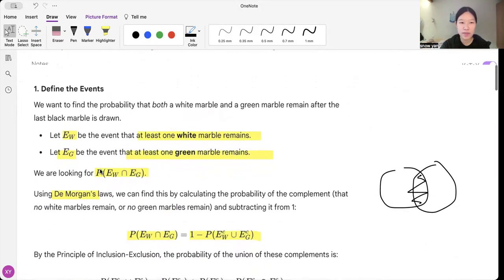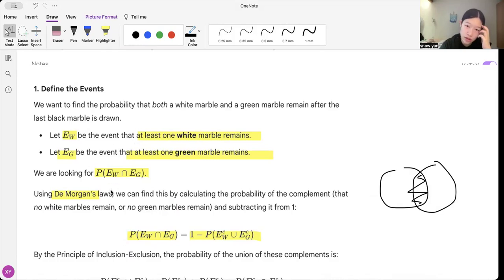We can first define the events in our first approach. Let EW be the event that at least one white marble remains, and EG be the event that at least one green marble remains. So the problem is just asking for the probability of EW and EG. But EW and EG is hard to calculate, so we're going to transform that by finding complements.